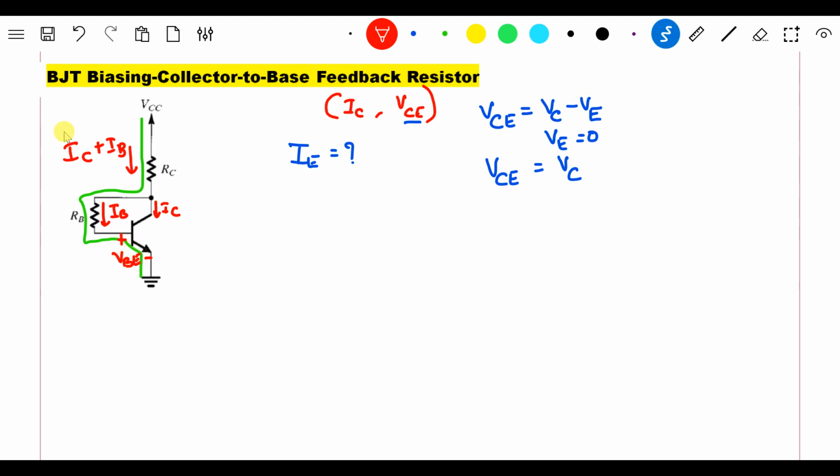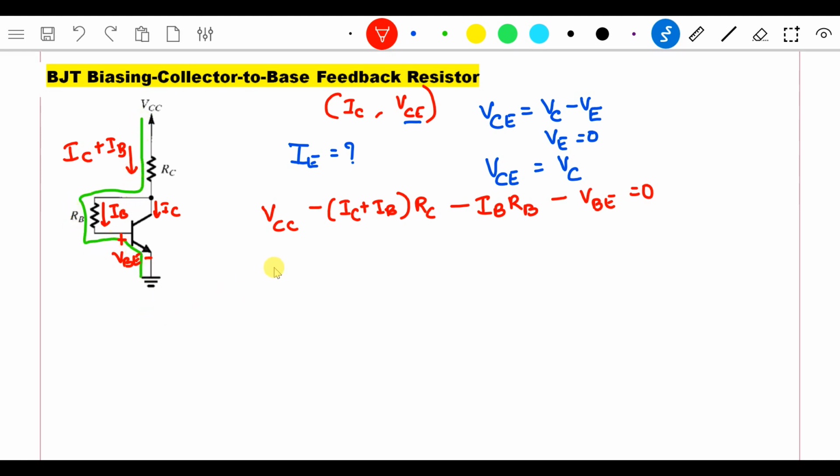So if I write the equation for this loop, VCC minus (IC plus IB) times RC minus IB RB minus VBE equals 0. This is the KVL equation which I wrote through the loop I have taken in green color. Now what I need to do is write the next equation.